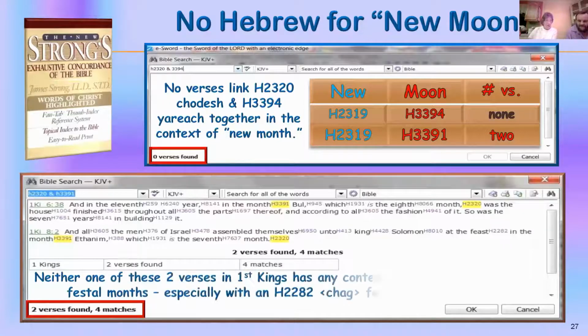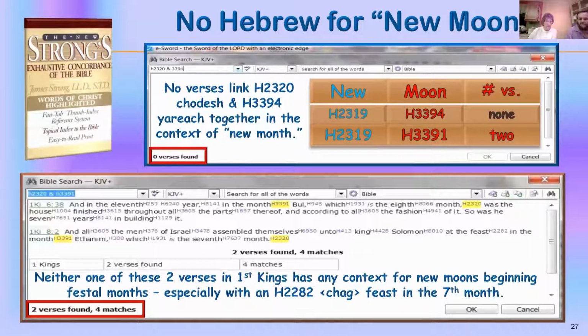Yes. But we looked at this a little bit, and we could probably do a full study on this. When you actually look at the context around this particular scripture, it is when Solomon is bringing the Ark of the Covenant into the temple, I believe, and there was a feast there.